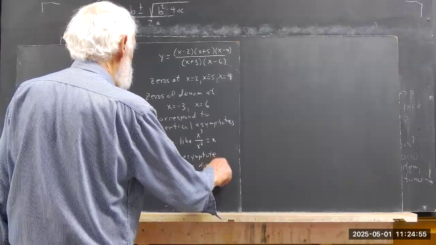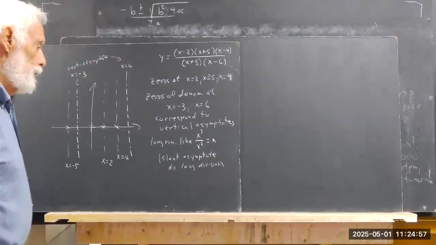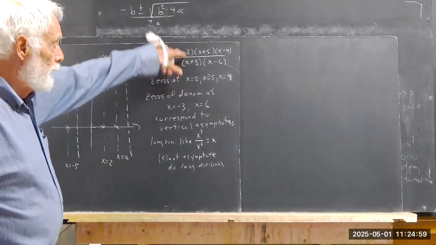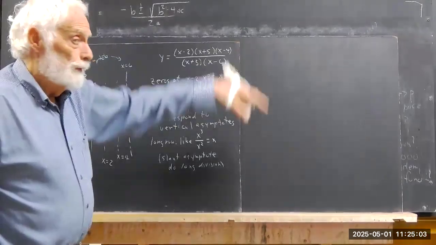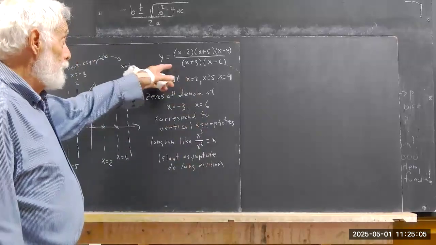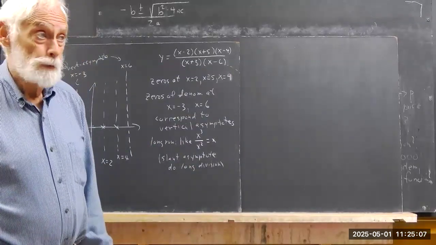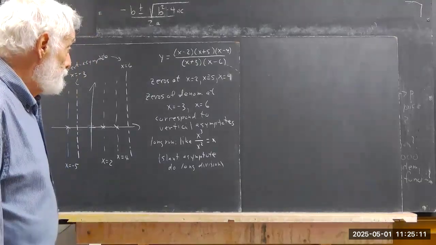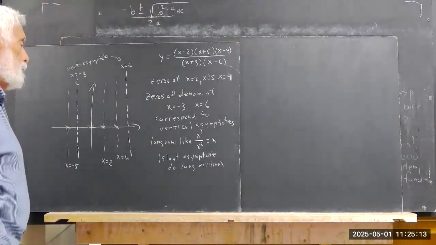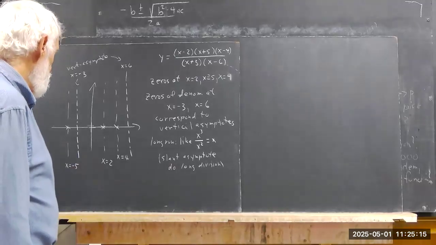We have to do a long division, divide the denominator into the numerator, and you would first have to expand this using the distributive law and expand this using the distributive law. Okay? And you would end up with a linear function.